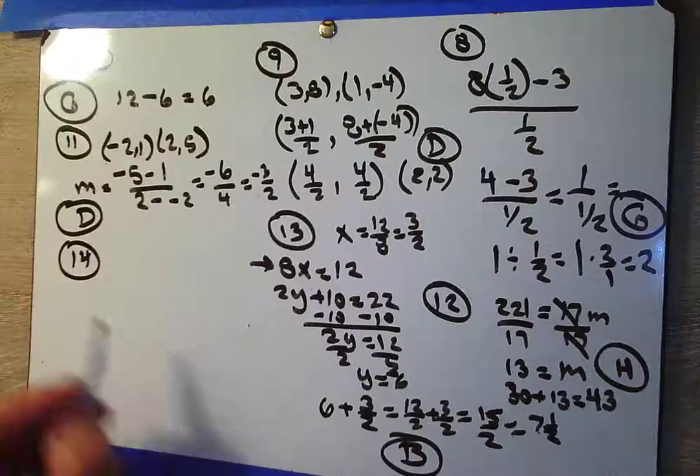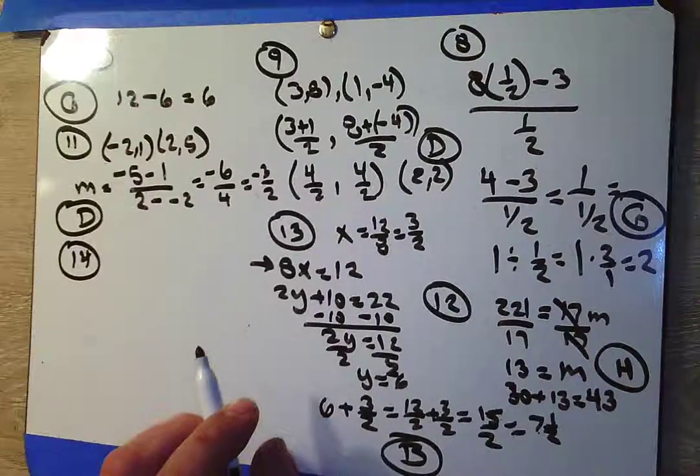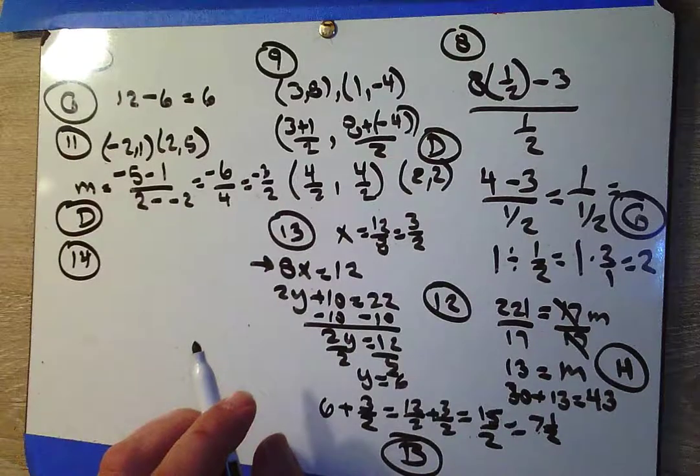14. The average of 5 scores the same value as the median of the 5 scores. Interesting. The sum of the 5 scores is 420. What is the sum of 4 scores not the median? Well, let's see.